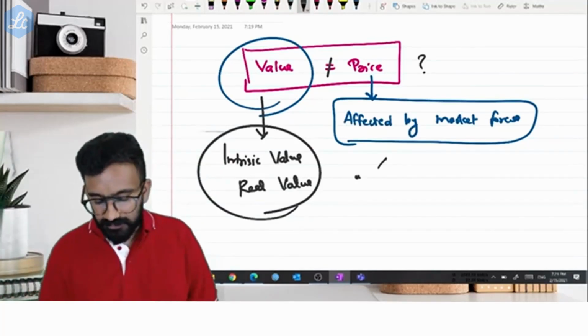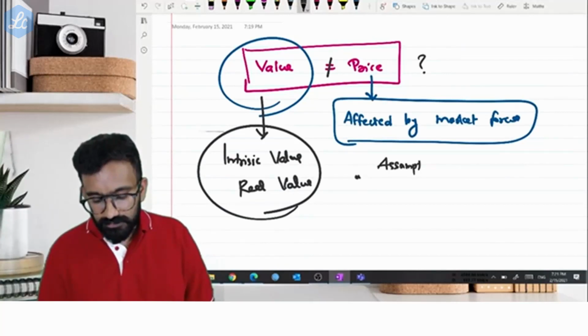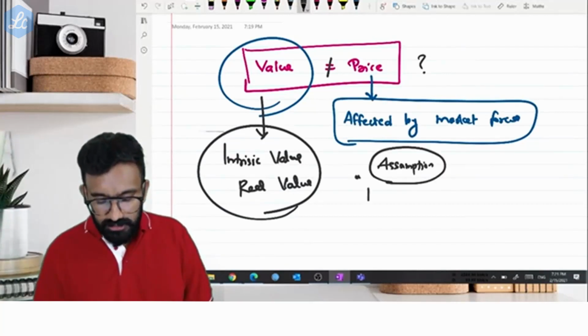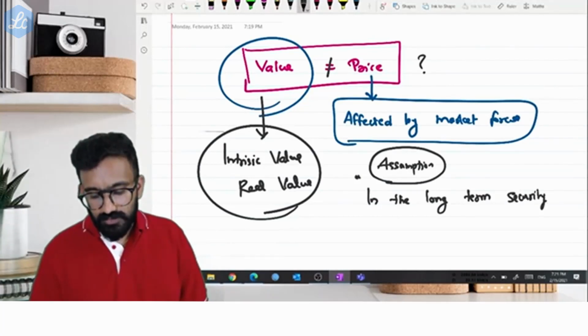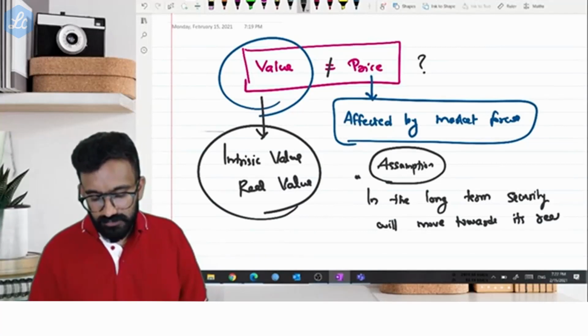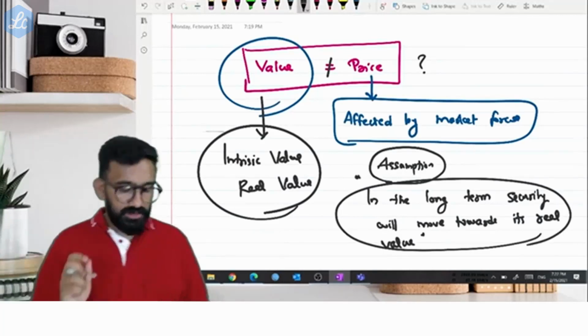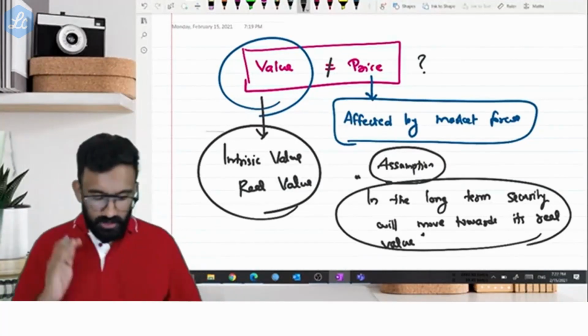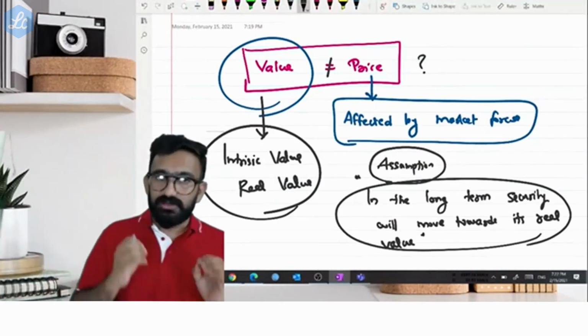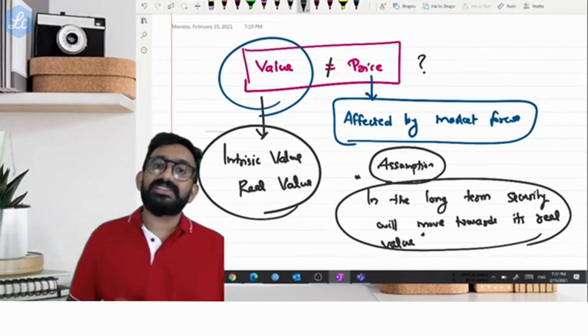We assume that in the long term, security will move towards its real value. This is the understanding on which all our valuation discussions are based. So in the long term, eventually all the security prices will move towards its real value.